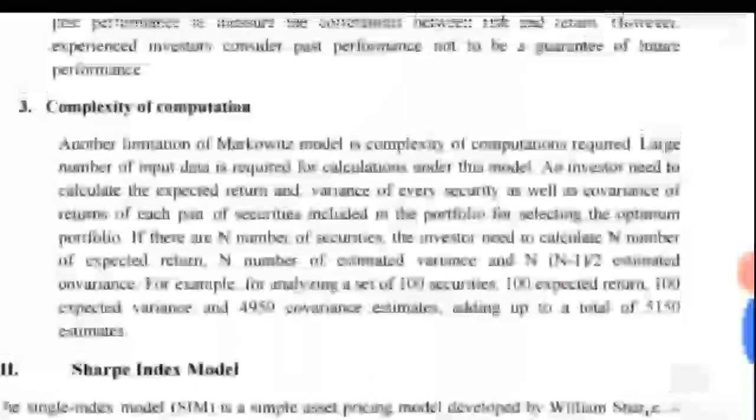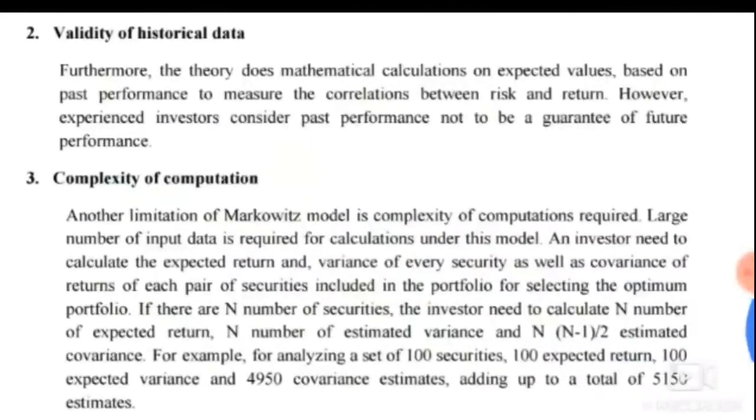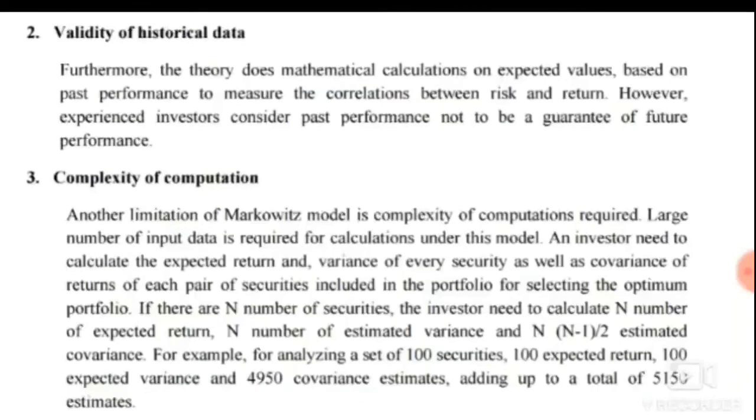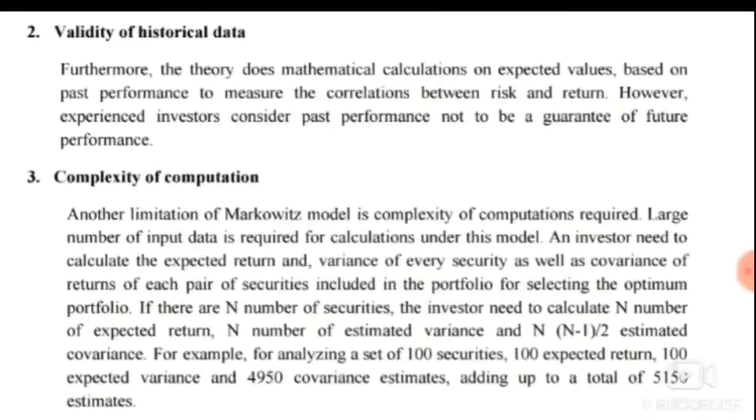And the third one is the complexity of computation. We saw that there were three inputs: mean, variance and covariance. If there are 10 securities, the covariance estimates will be higher. If there are 100 securities, the pairs will be higher, and the covariance estimates will be higher.